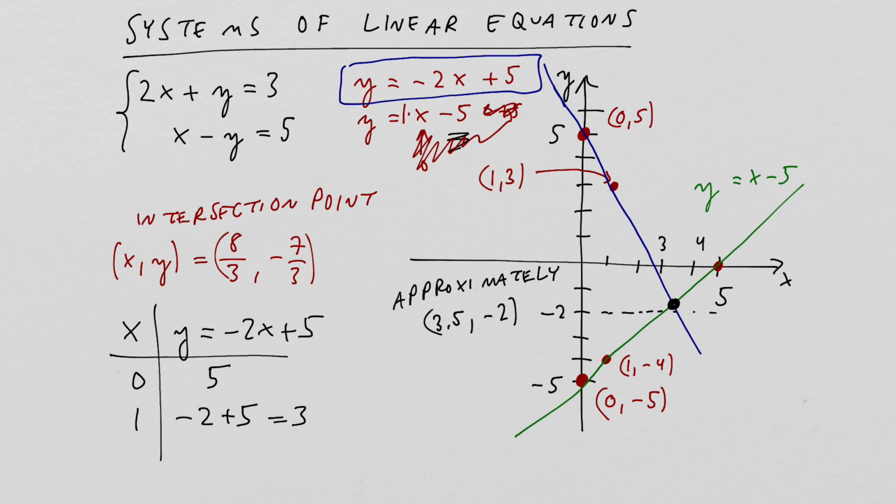If we take the intersection point that we calculated precisely, and calculate the approximate values, then 8 divided by 3 is 2 plus 2 divided by 3, and 7 divided by 3 is 2 plus 1 divided by 3.